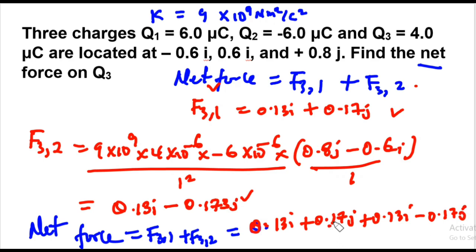You see that this cancels out. The vertical component cancels out, and we have 0.13i plus 0.13i, and if you sum this, you have 0.26i. Now you see that the vertical component of the force cancels out and the horizontal component adds up, so this net force is parallel to the x-axis.